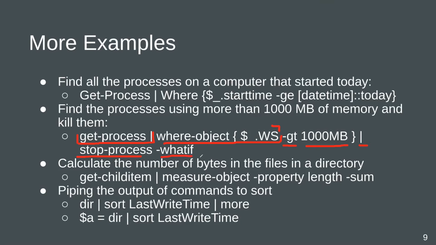And if you say what if, that means find every process on the computer that's using more than 1 gig of RAM and then stop the process. So we've got some other examples of piping here. There's a measure object commandlet as well that can allow you to make output from a system a little bit clearer.